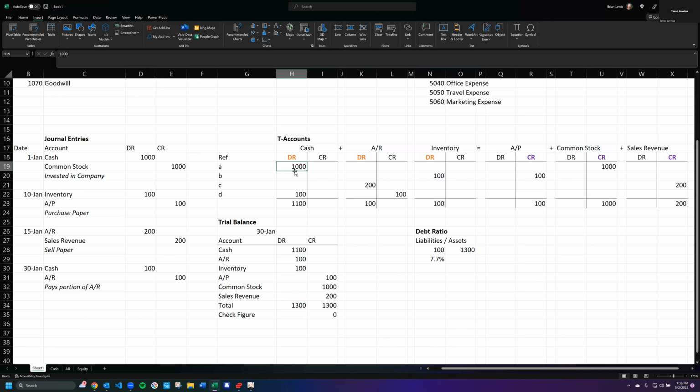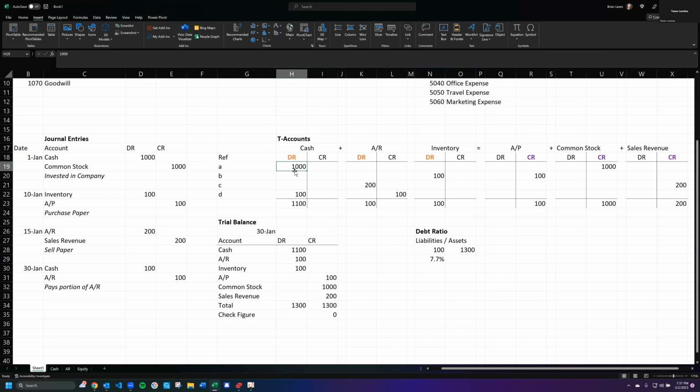So increases in your asset accounts will almost always come from increases in your liability or your equity accounts. You just don't know exactly where. You have to read the description of what happened. Decreases in your asset accounts generally result in decreases in your liability or your equity accounts.